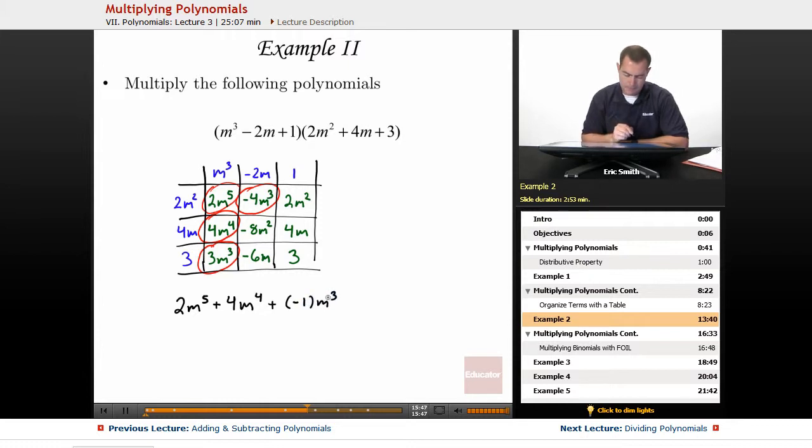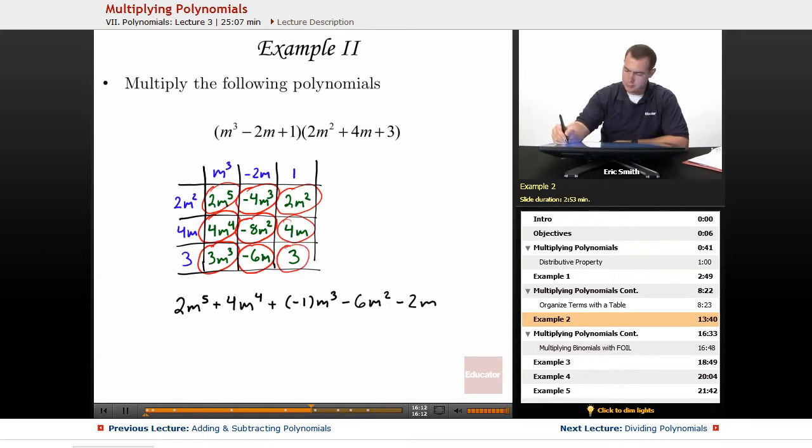And now I'm on to my squares. Negative 8m squared and 2m squared. That'll be a minus 6m squared. Minus 6m, positive 4m. So minus 2m.